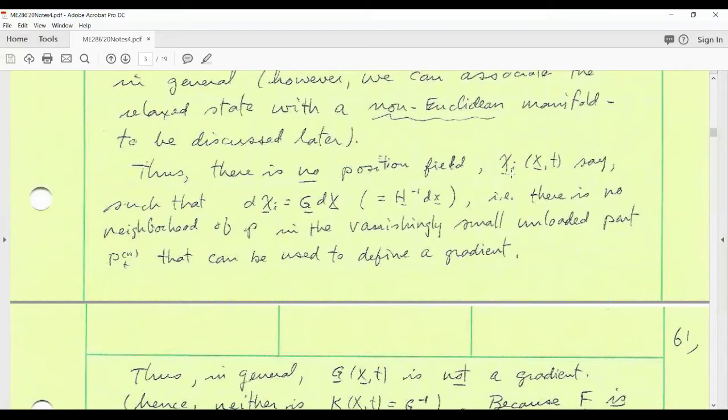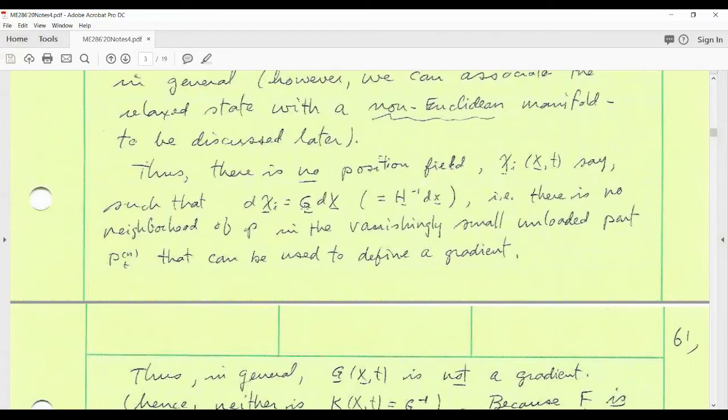But there's no position field for the body, because you only have a collection of points in space, right? There's no differentiable position field defined on a body anymore, associated with the intermediate. These disjoint states we call the intermediate configuration.